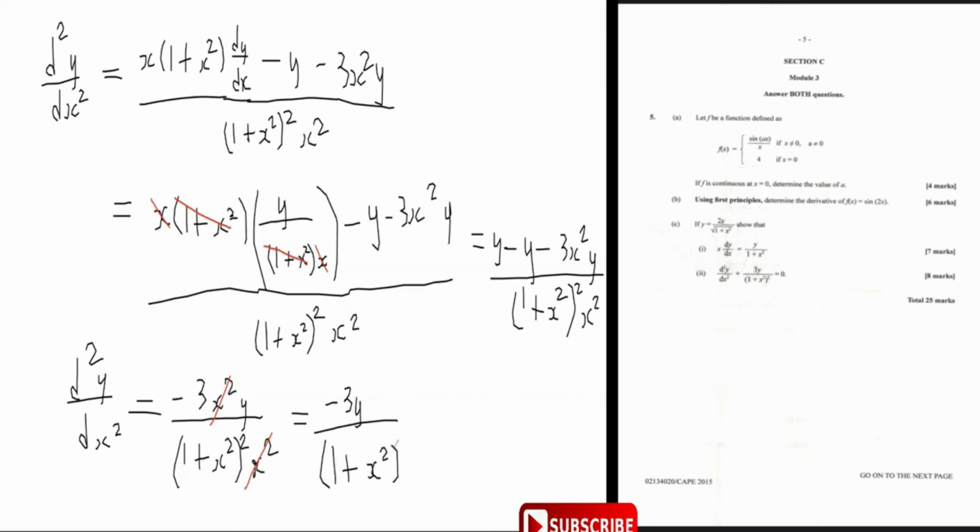Now that this is what we get, we can just bring it over to the other side. This implies, adding this to the other side, we get d2y by dx squared plus 3y over (1 plus x squared) all squared is equal to 0.